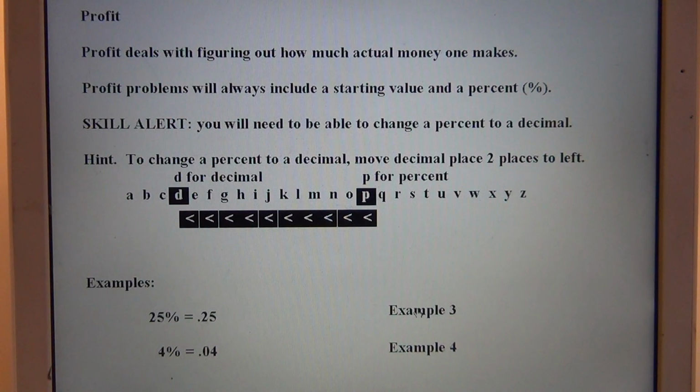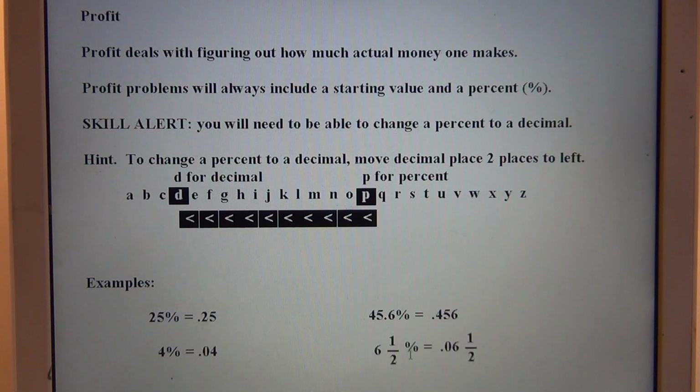Let's take a look at this one, example 3. If I wanted to change 45 6/10% to a decimal, I move the decimal 2 places to the left from P to D, and I would get 456 thousandths, or 0.456.